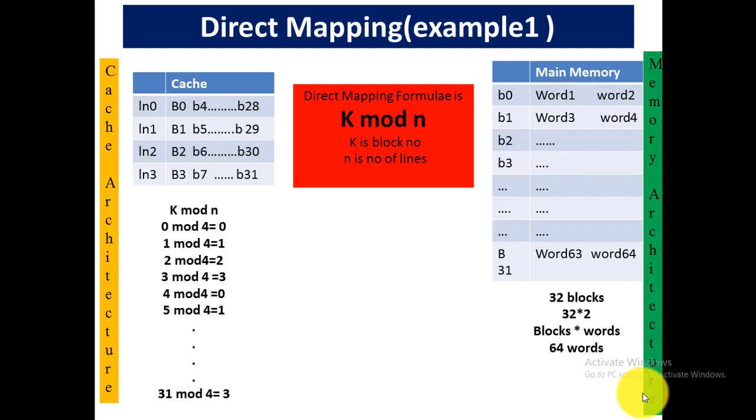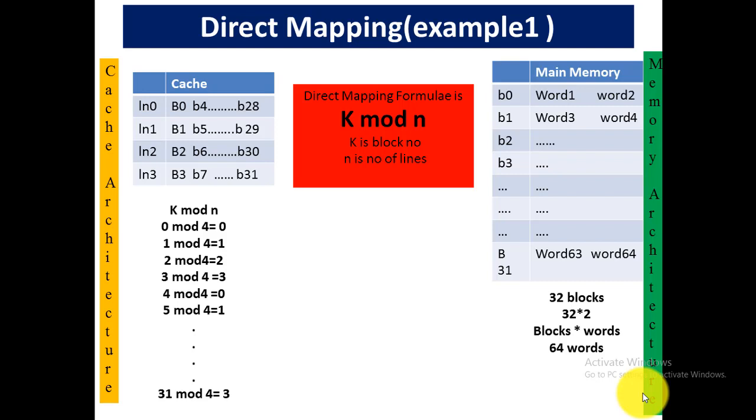But the possibility is that there will be only 2 blocks. In the same way, in line number 1 it is possible that any of those blocks can come there, but from all these selected blocks, there can be only 2 blocks at one time in cache memory. It can be block 1 or block 5, or block 5 or block 9, and onwards like that.